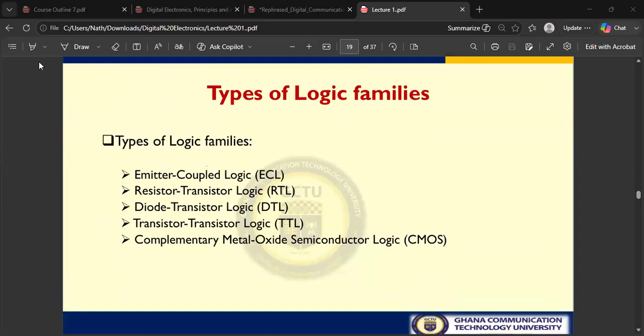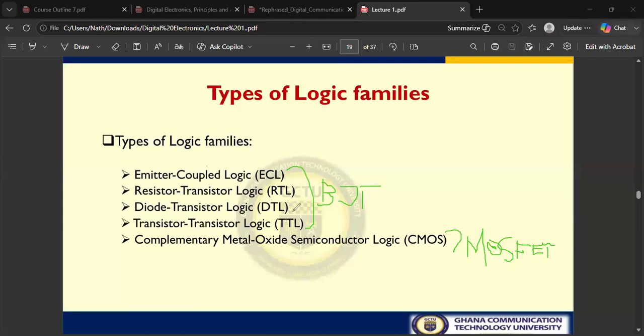These four logic families are built from BJT. And these were built from MOSFET.